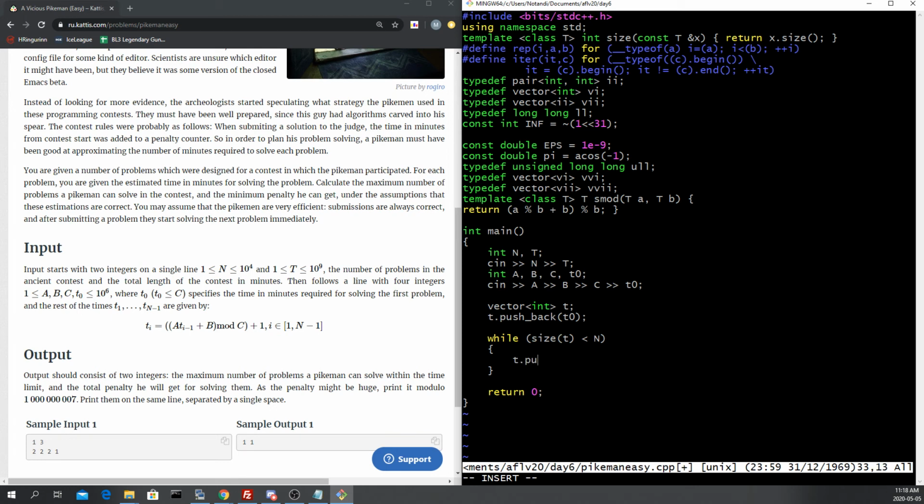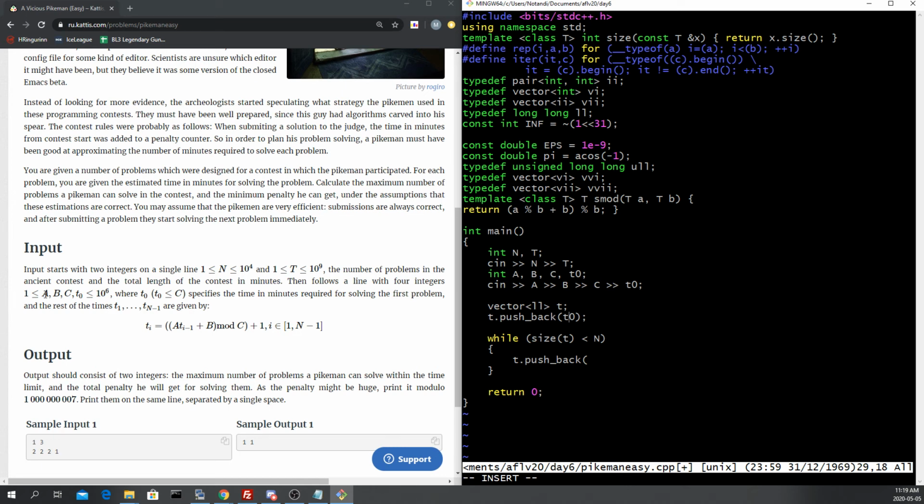So we'll push back. Yeah, maybe this needs to be long, because during the intermediate calculations, the value can get quite large.